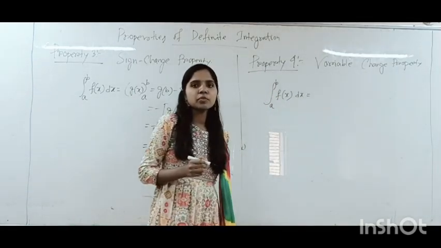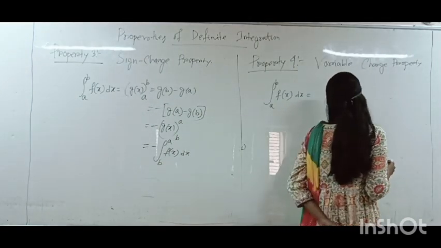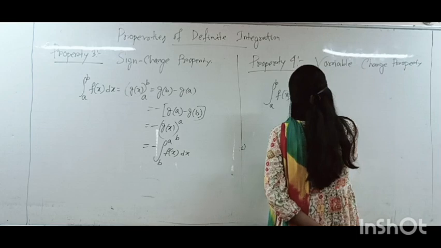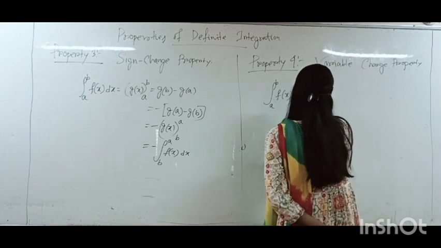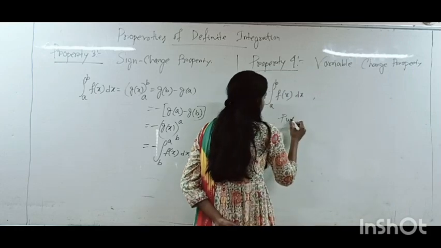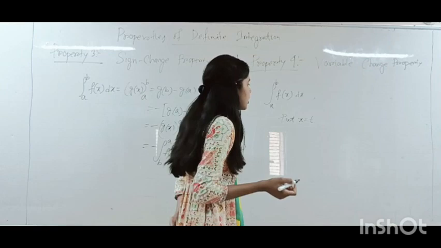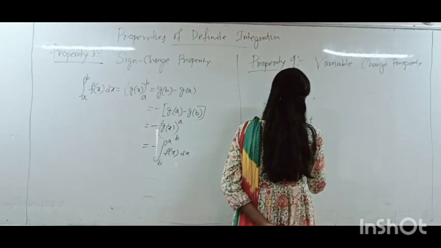We know the substitution method. So here we will put x equal to t. What will dx be? dx will be dt.